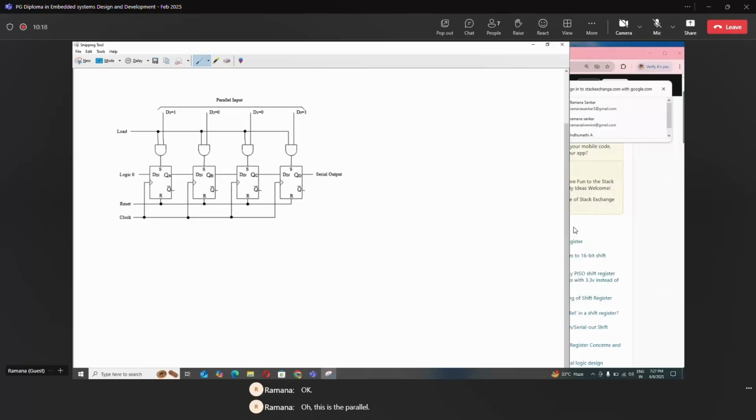So here this is the load, okay. Here the clock is given to all the flip flops, okay. And here parallel we are giving, see 1, 0, 0, 1, the data giving parallel, okay.